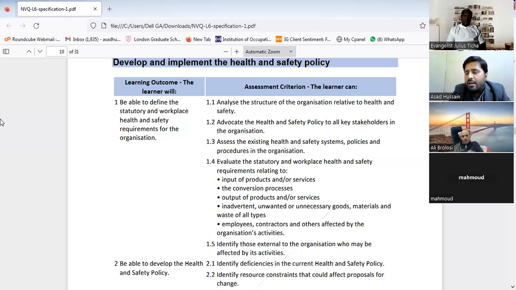They are not discussing the statutory or legal requirements. So you have to map this assessment criteria to your main occupational health and safety policy, which shows the general structure of the organization and assigns roles and responsibilities only with respect to health and safety matters.